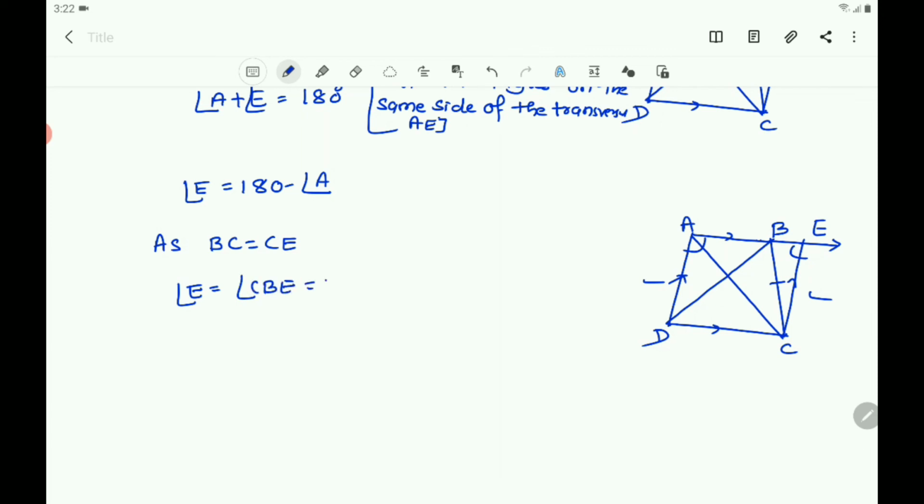Both of them equal 180 minus angle A, because angle E and angle CBE are the angles opposite to equal sides. Consider this is the first, this is the second.